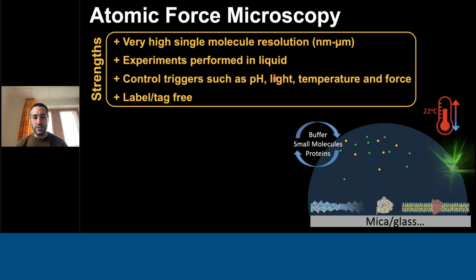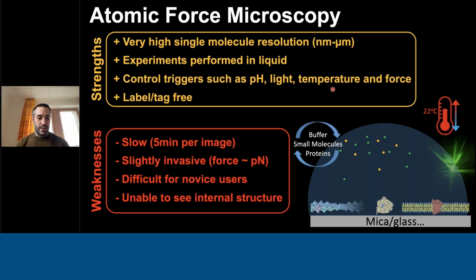We can control the triggers that a protein or a biomolecule might respond to. So changing pH, changing the buffers, adding different proteins, applying force, all whilst we're imaging the sample at a controllable temperature. So typically room temperature, but we can increase the temperature, and without any tags or labels.